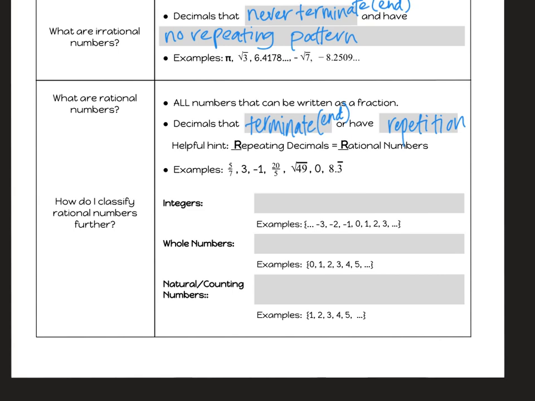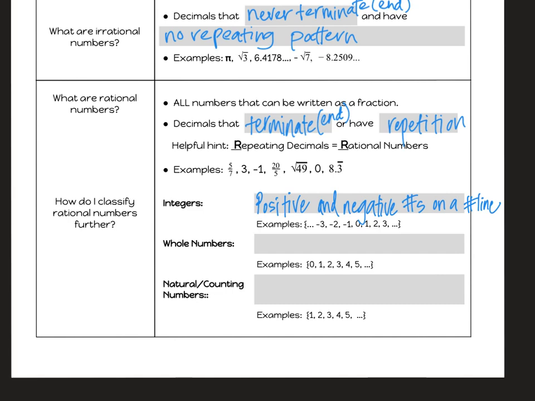All right, so when talking about integers, we are discussing positive and negative numbers on a number line. So when thinking of integers, you should be thinking of the number line.